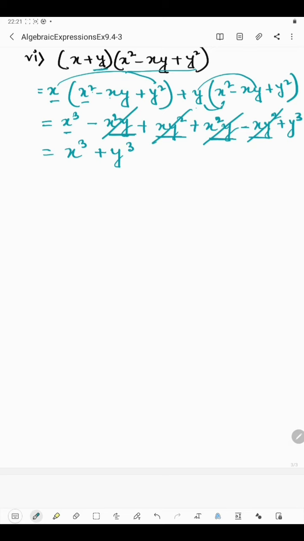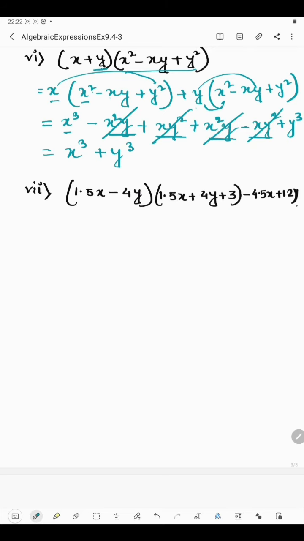Okay, now coming to seventh part. Now here in the seventh part we have the binomial, and binomial should be multiplied by the trinomial. Okay, and this part will remain same. So we'll take the first term, which is 1.5x. Now this to be multiplied by the trinomial, which is 1.5x plus 4y plus 3.